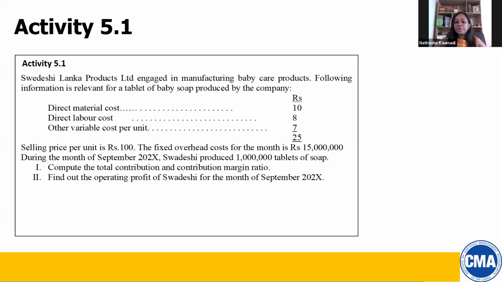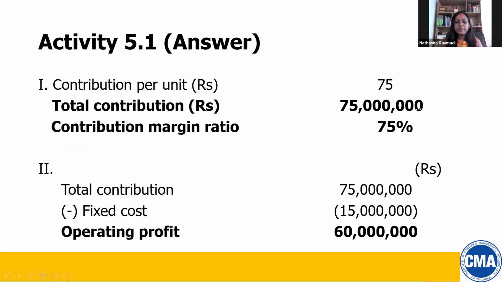You have already calculated your total contribution as 75 million, and you have your fixed cost amounting to 15 million. 75 million minus 15 million, exactly. Your profit would be 60 million. That's how you calculate.